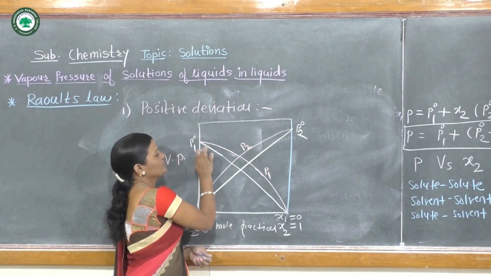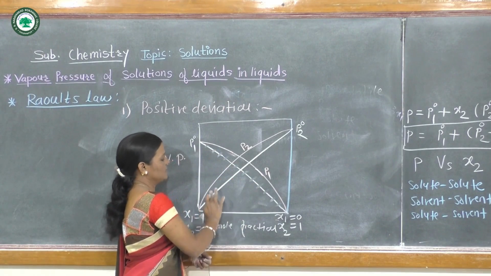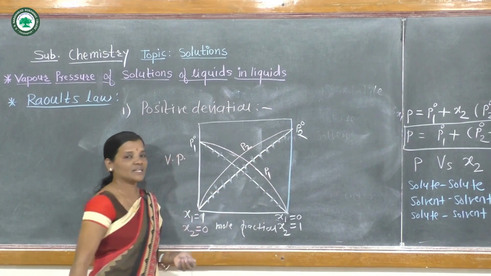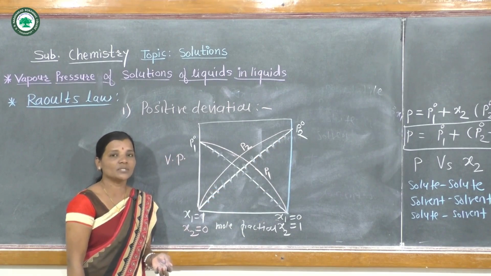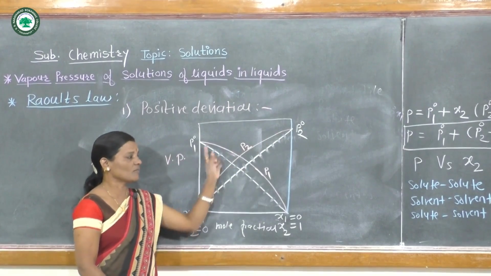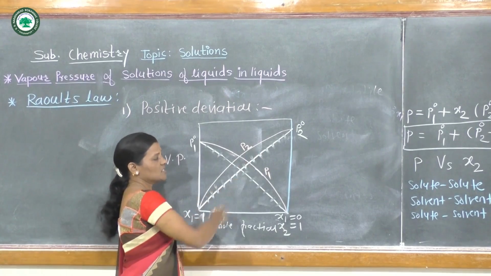For the ideal solution we can't get this straight line, so we consider it as a dotted line. That means it is the expected straight line for the ideal solution. But in positive deviations the curves obtained are above the straight lines, and so dotted lines are considered.